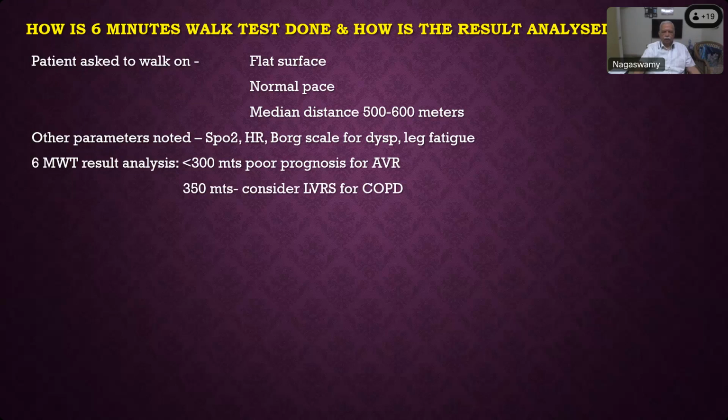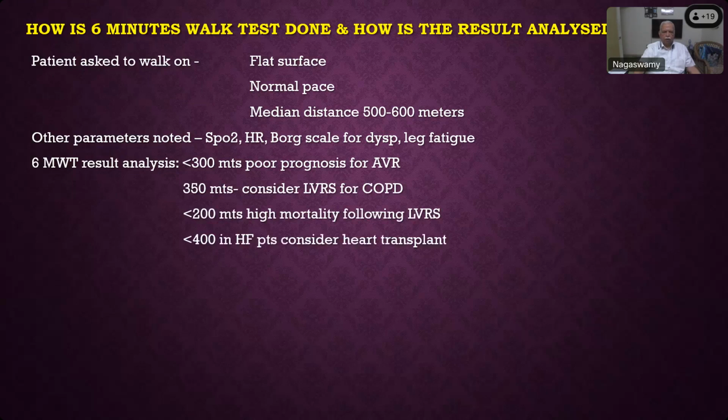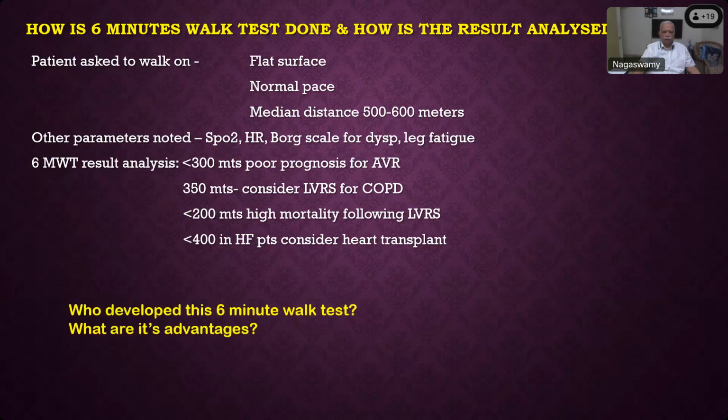Lung volume reduction surgery, especially for emphysema patients, they do this procedure to prolong the life of the patient. Less than 200 meters, high mortality for lung volume reduction surgery. Less than 400 with heart failure, you must consider that patient for heart transplant. So these are all the inferences or analysis that is observed.